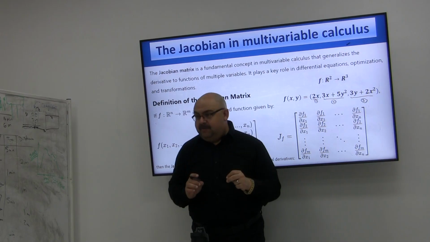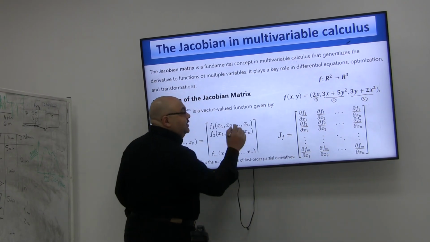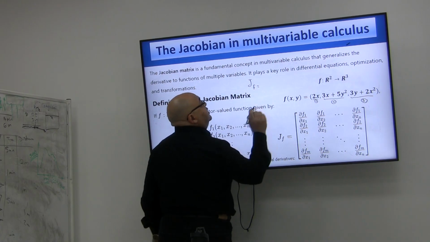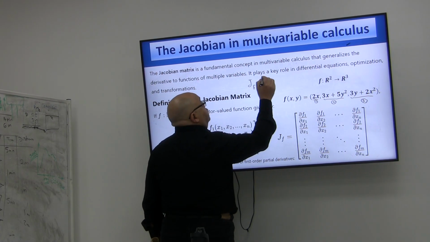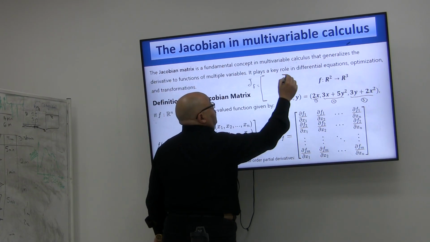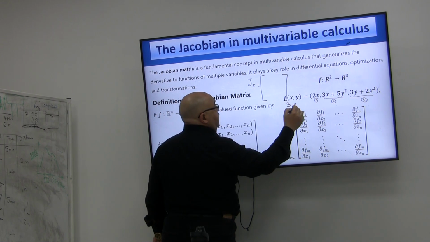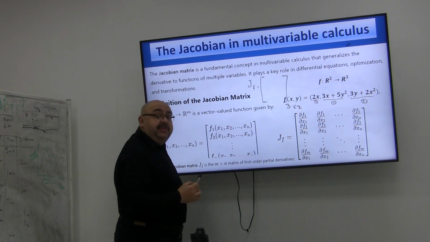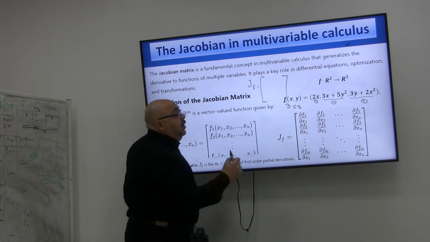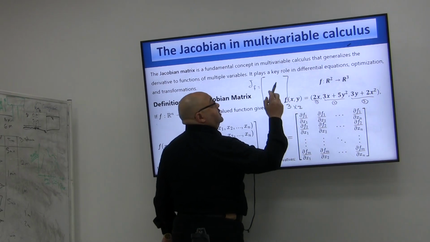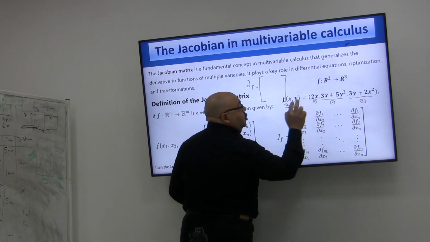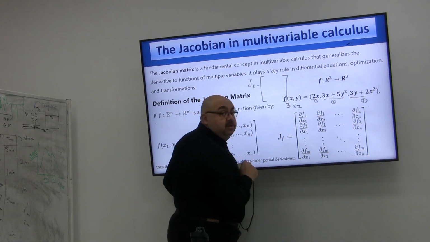They call it the Jacobian. And the Jacobian in this case, the Jacobian J of f, is going to be 3 rows and 2 columns. How to form the 3 rows? I will take the first function, which is 2x, and I will differentiate it with respect to the principal variables.